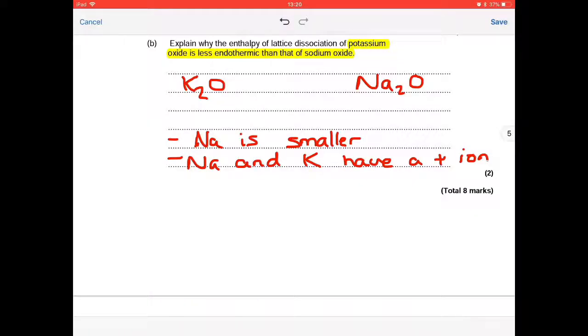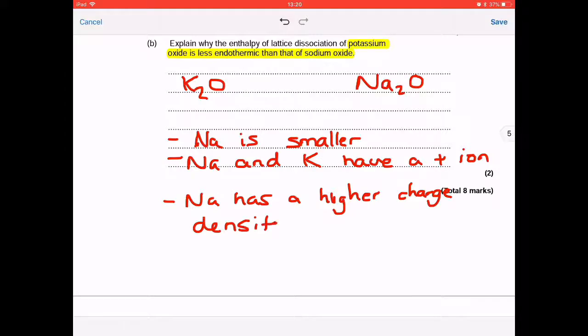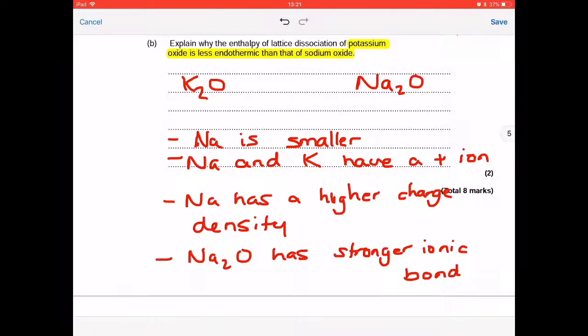They both have the exact same charge, and for that reason sodium has a higher charge density, and therefore Na2O has stronger ionic bonds.